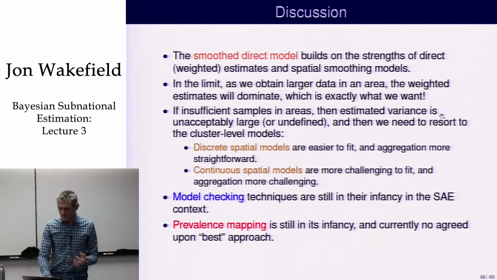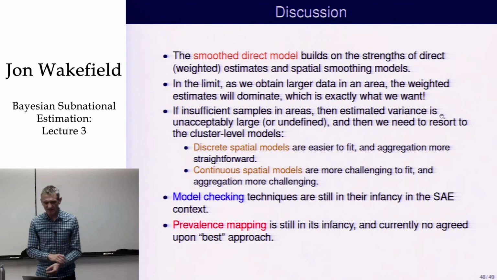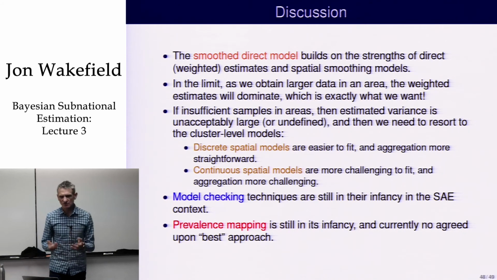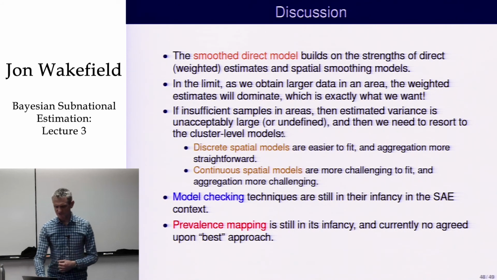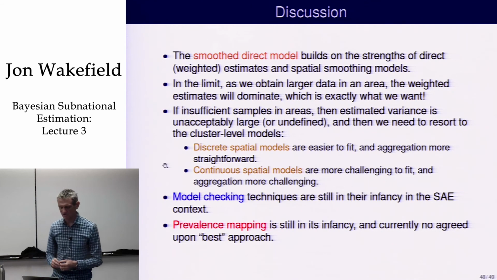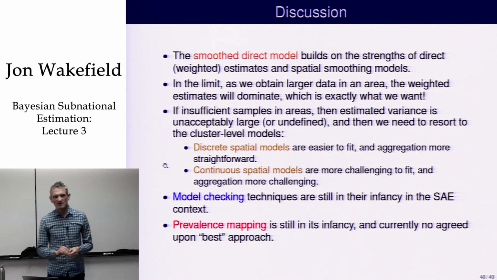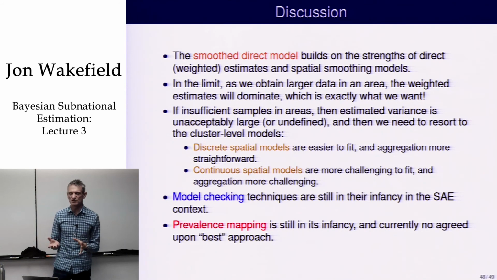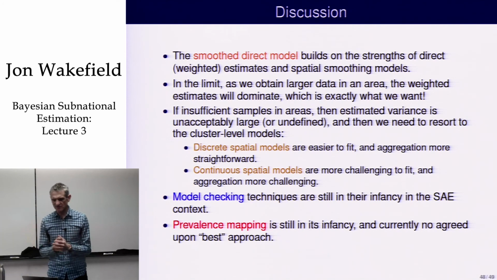Then, if there are insufficient samples to do this, we need to move towards cluster level models. And as I showed, there were both discrete and continuous spatial models we could use. I should note that adjusting for the design via a model-based approach is not a simple procedure, and that's something that's ongoing research.